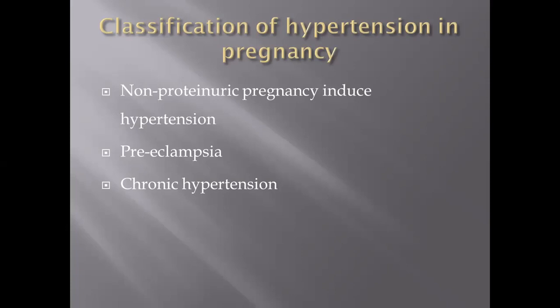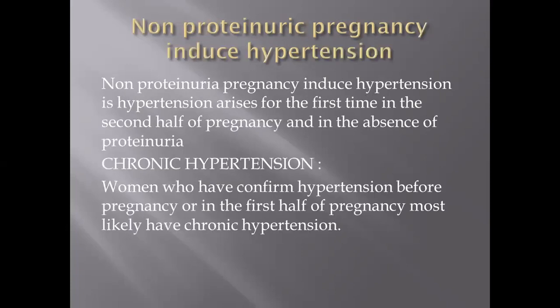Number one, non-proteinuric pregnancy-induced hypertension, also called gestational hypertension. Second is preeclampsia, and third is chronic hypertension. So, if a patient presents with high blood pressure, you have to put them in one of these three classes.